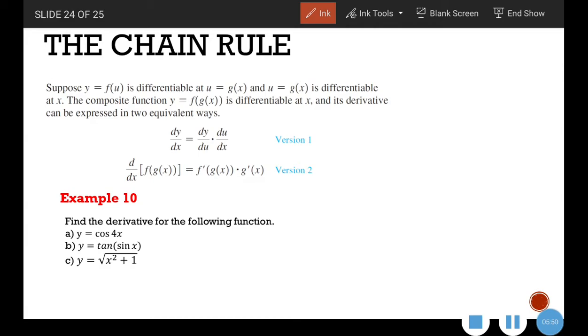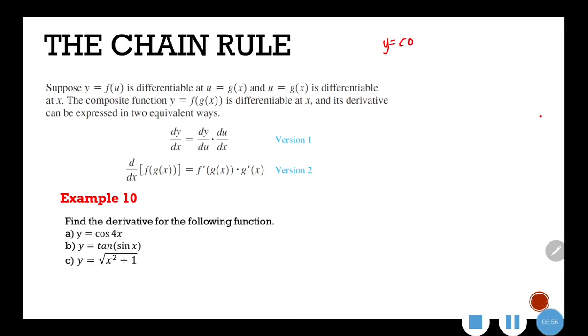Okay, for the second method, y equal to cos 4x. First you differentiate the first function that you see from the left.